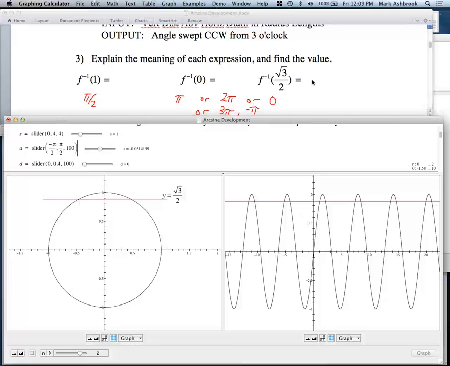Radical 3 over 2 is the vertical distance from the horizontal. It will give us the angle swept counterclockwise from the 0. Good. And which particular angle would it be for that vertical distance? Pi over 3. He wants pi over 3. Agree with that? Any more to say?